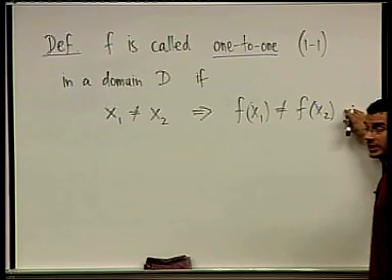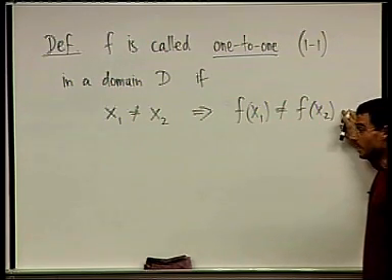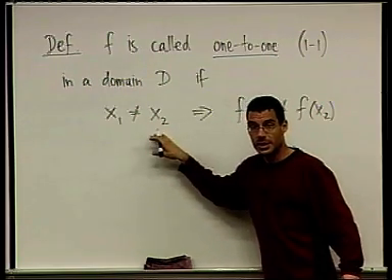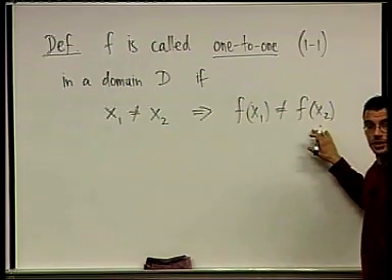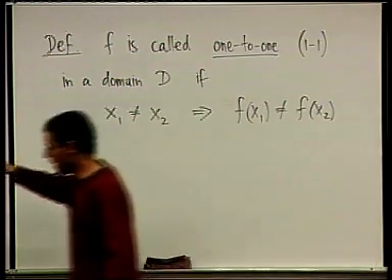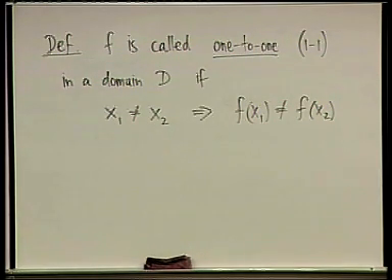This is saying that 2 different x's cannot be sent to the same image. Okay? This is saying that this phenomenon that we drew here cannot happen. Look at this board a second. We had 2 different x's being sent to the same y.